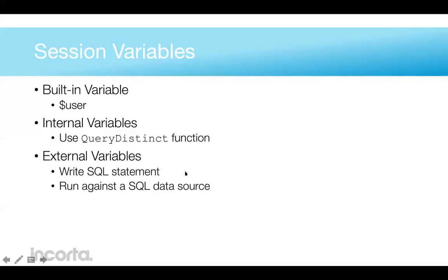Let me describe them here. An internal variable runs against the Incorta data store, which also means the data is only as fresh as the last time it was refreshed. So that also means there may be a delay.